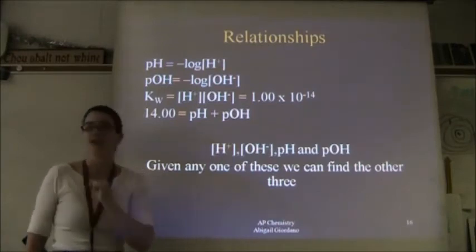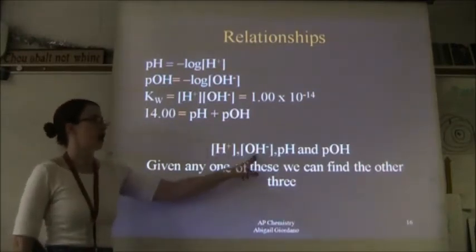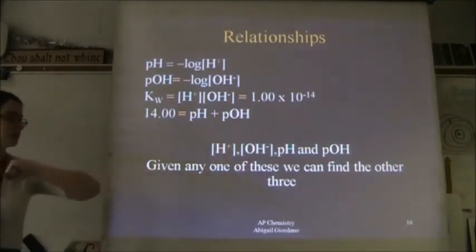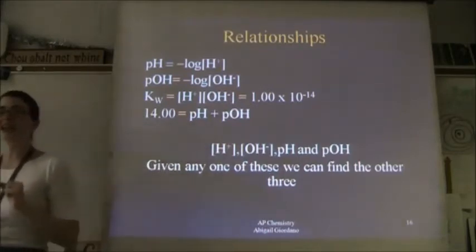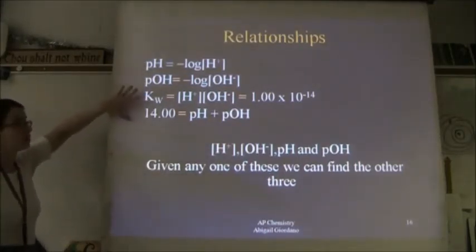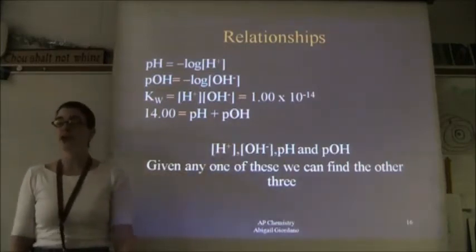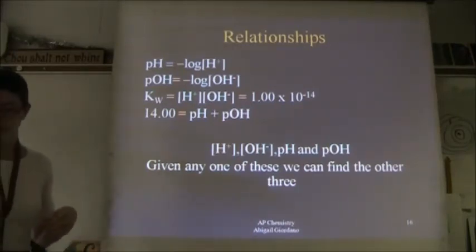Maybe I just give you the pH. Or maybe I only give you the hydroxide concentration. I can give you any one of those pieces, and you can use these equations or combinations to solve for the other 3 pieces. And that's exactly what I'm going to ask you to do right this minute.